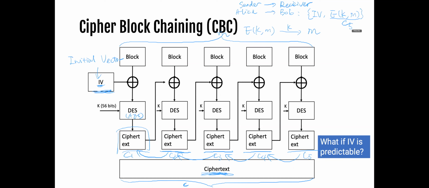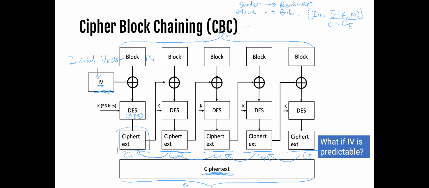So what Bob needs to do is, given C1 to C5, it will first recover the first block. Let's just call this M1. And the way that works is that it has the key, it has C1, right?